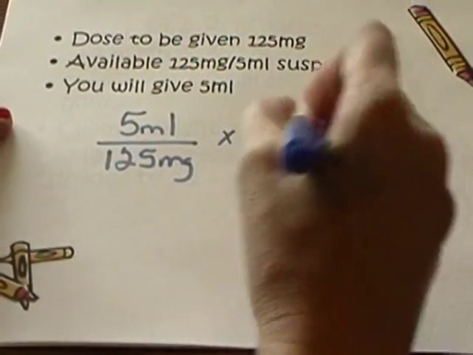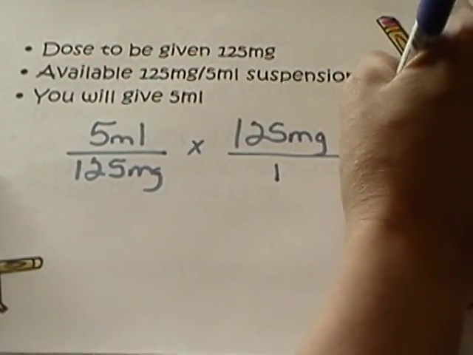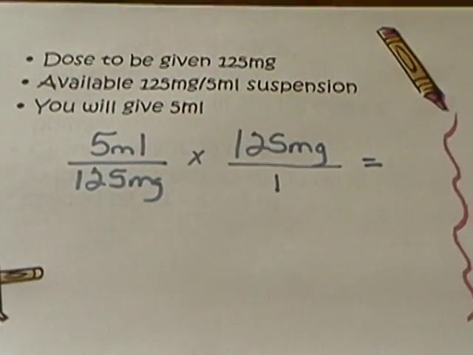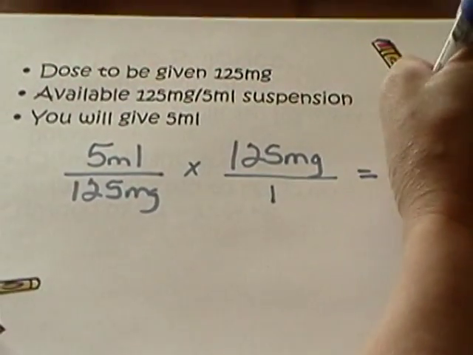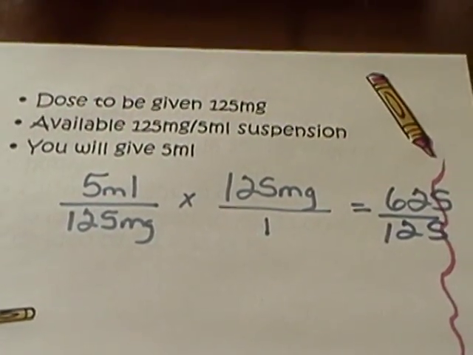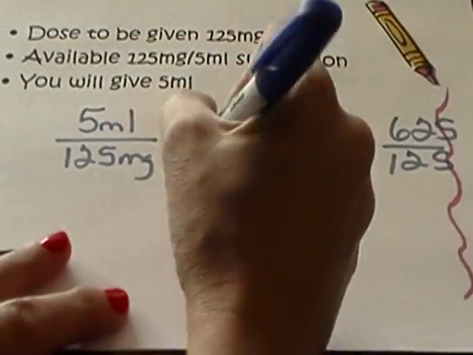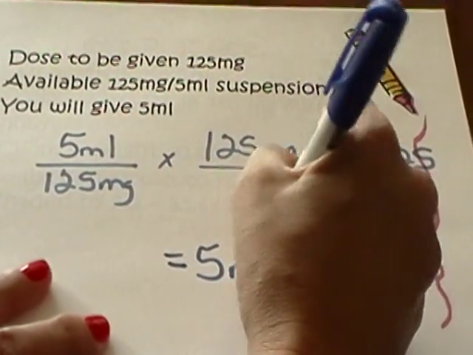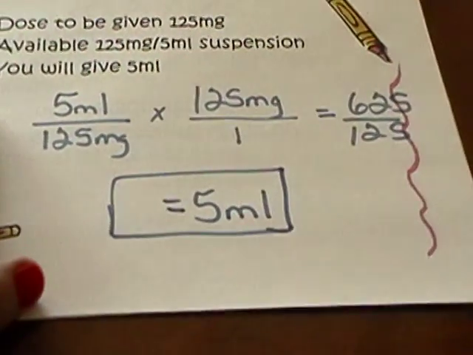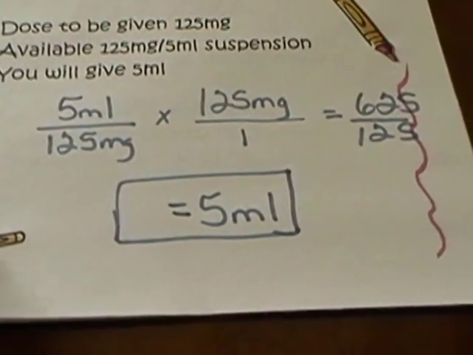So, how many milliliters are we going to give? 125 times 5 equals 625 divided by 125. So 625 divided by 125 equals 5 milliliters. So that's how much suspension you would deliver for this medication, 5 milliliters.